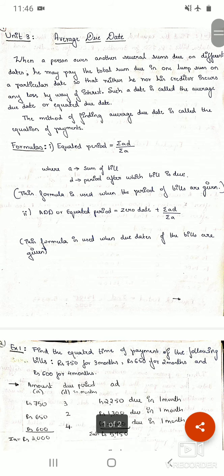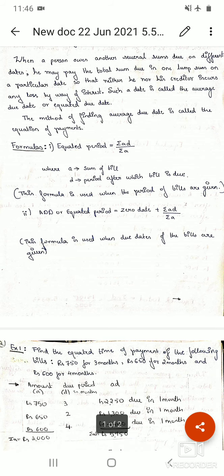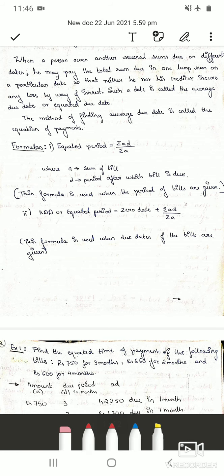Suppose you are taking one set of products on 1st June, and the shopkeeper will say that you have to pay the bill after 10 days, and then again you buy another product on June 7th, and again he'll ask you to pay it after 10 days. Similarly many bills are generated, but you want to pay the entire sum on one particular date instead of paying on each due date.